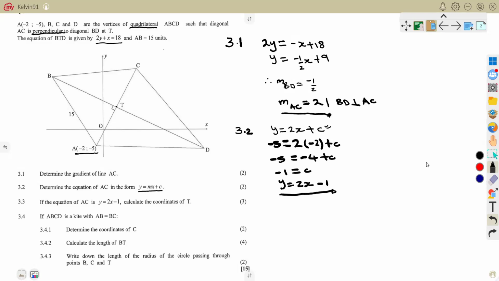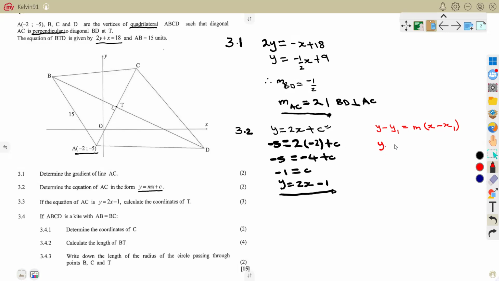Alternatively, we can use the format which says that y minus y1 must be equal to m multiplied by x minus x1. Then y1 represents the y coordinate of the point that we know.